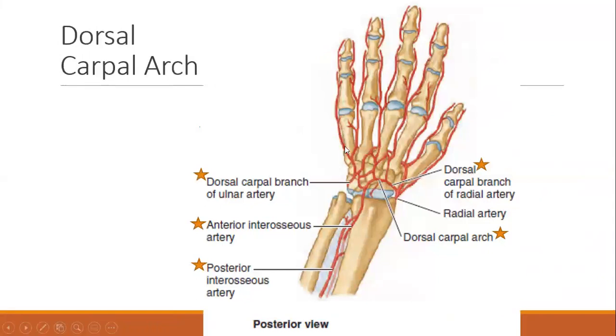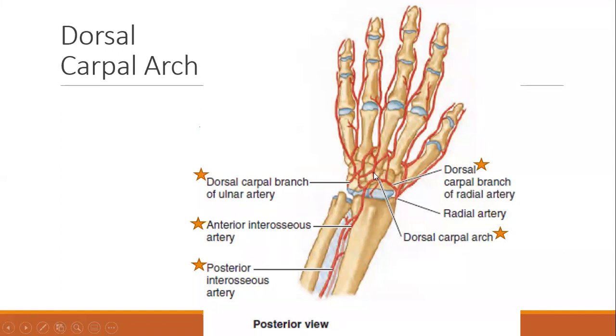And then this is on the dorsal side of the hand for blood supply. I wanted to make note that you can see your anterior interosseous and your posterior interosseous arteries. We know that they branched off more proximally, but they do come back together and give blood supply to the dorsal carpal arch.